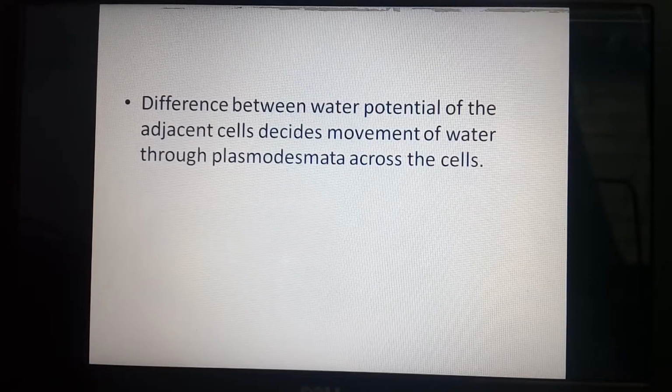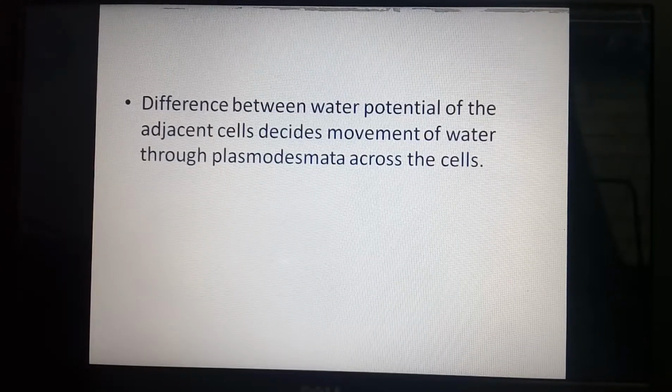That means as we add the solute particles inside the pure water, whose water potential is 0, the water potential further goes on decreasing, and it is now negative. As we add more solute, the water potential becomes more negative of that solution.